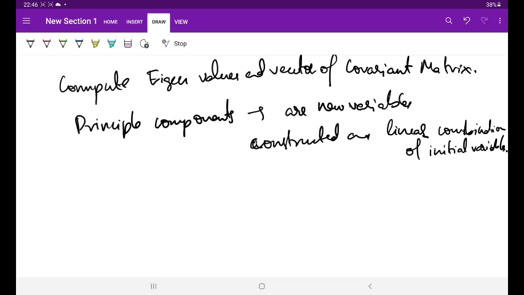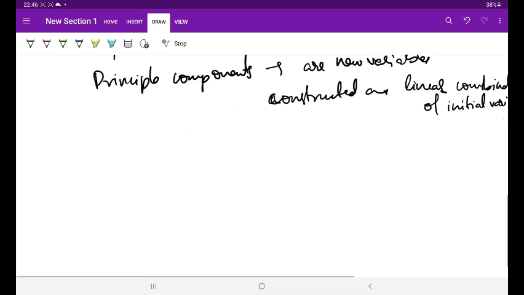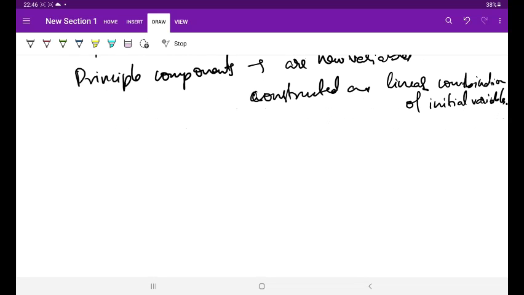These combinations are done in such a way that the new variables are uncorrelated and most of the information within the initial variables is compressed into the first components.